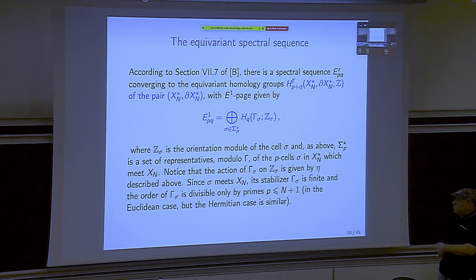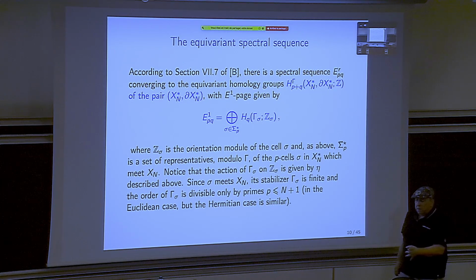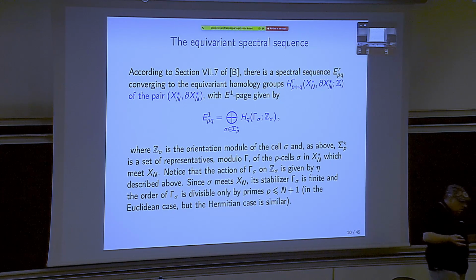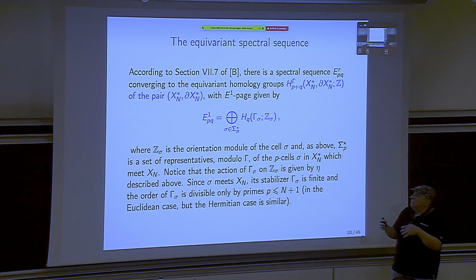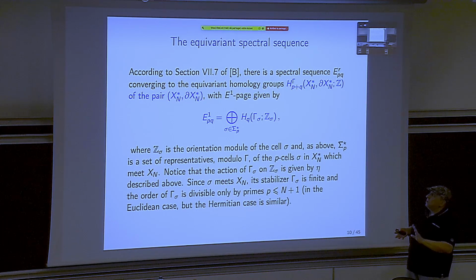So we have this object, the Voronoi space, which has all the nice topological features.